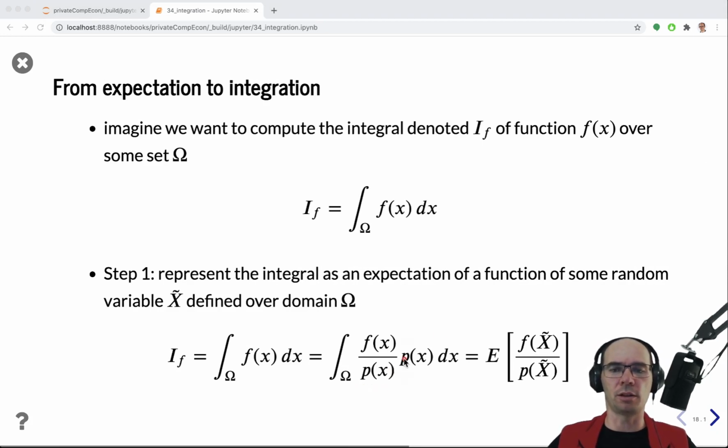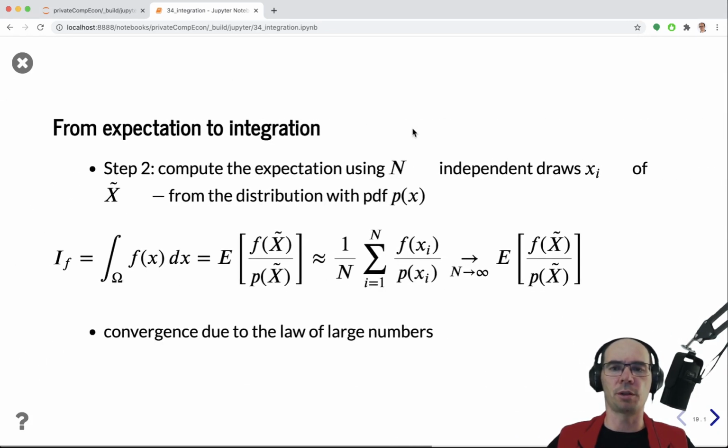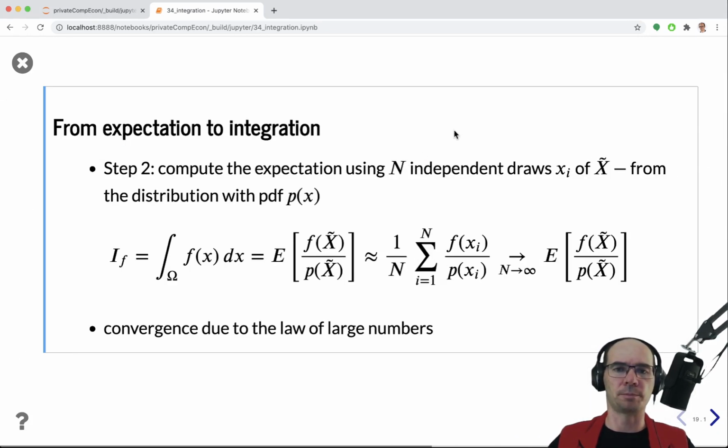And just by definition, this is the expectation of this ratio of f to p. And so we can calculate this expectation using Monte Carlo. That expectation would actually be equal to the integral that we were interested in the very beginning.